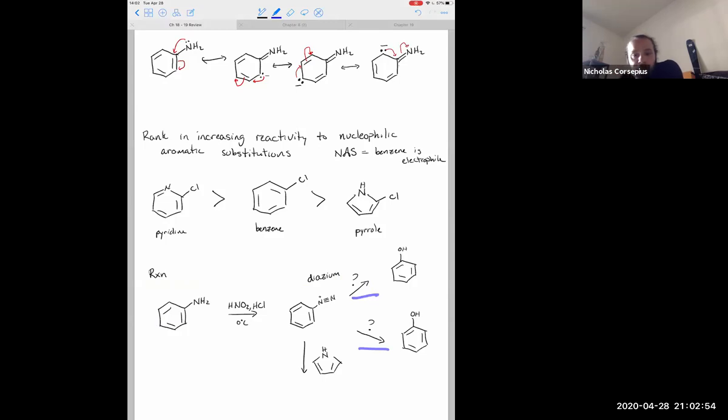There's actually two ways to make alcohol groups, or a phenol rather. One of them, the simplest one, is just acid and heat. If you're going to memorize anything for multi-step synthesis type reactions, that's going to be the easiest one. But there's another way that we do this that's actually a higher yield.